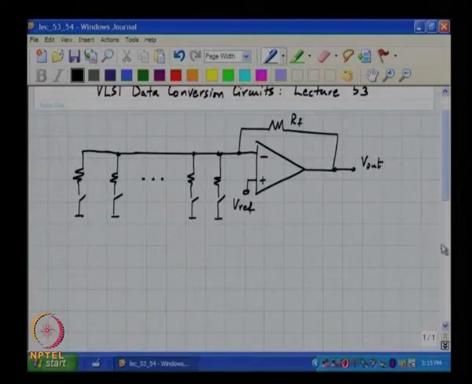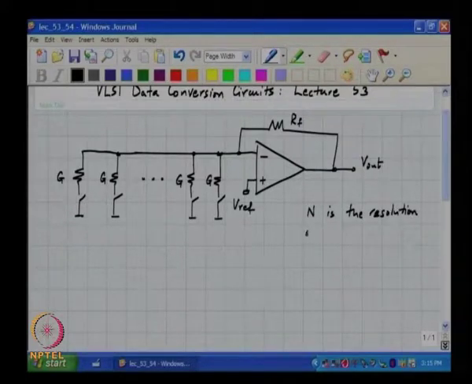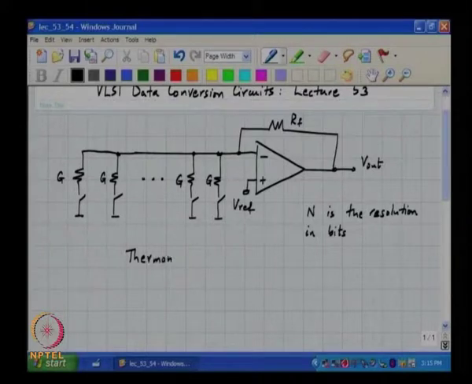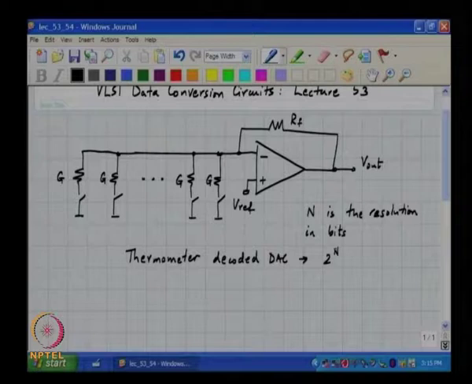Now, in the all thermometer case, all these will have identical conductances, and if n is the resolution of the DAC in bits, then a full thermometer will have 2 to the n minus 1 elements.